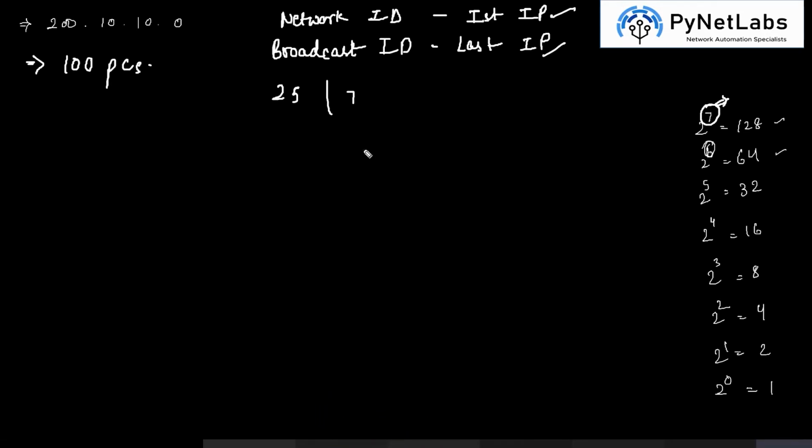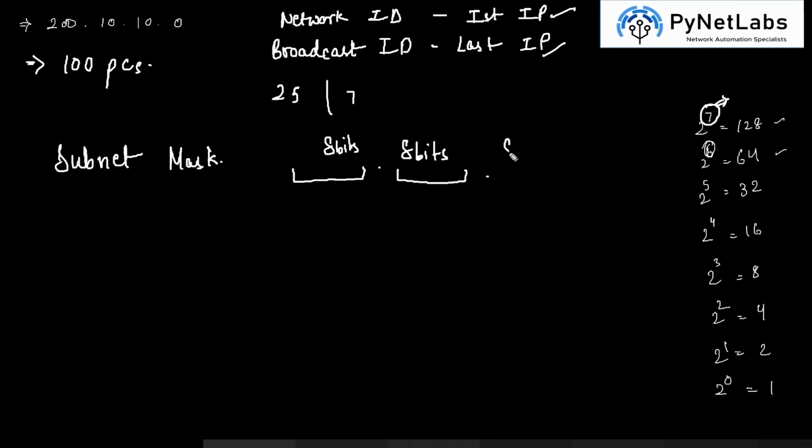Now one thing is very clear: if we calculate the subnet mask for this, let's quickly get it. For the first 3 octets, 8 bits, then again 8 bits, then again 8 bits, this will be the same as default.